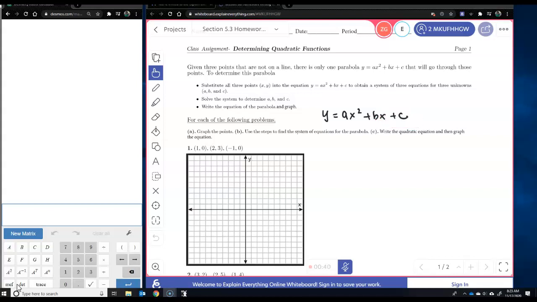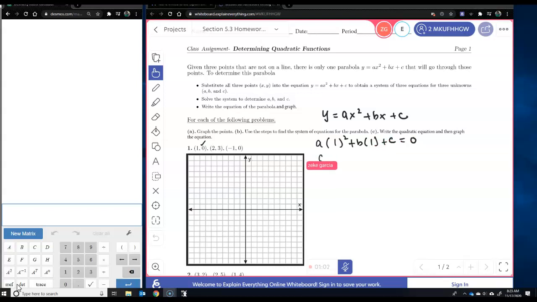We need to find a, b, and c, so we're going to use these 3 points. We have a, and we're going to substitute for x: a times 1 squared plus b times 1 plus c, and we know that y is equal to 0.